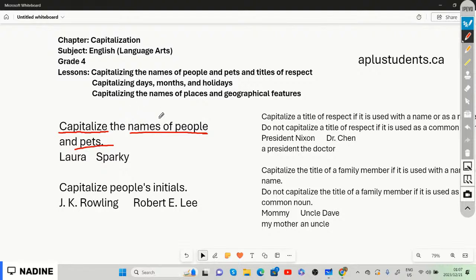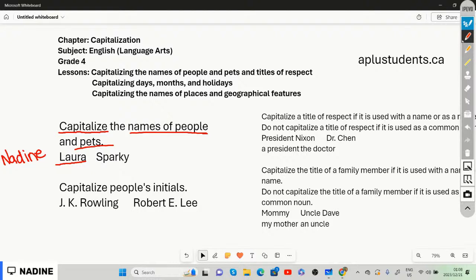So firstly, we capitalize names of people. For example, Laura, or your own name, right? Example, my name, Nadine. So you capitalize your own name. You also capitalize your surname, right?